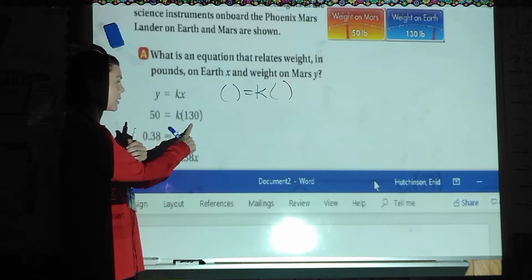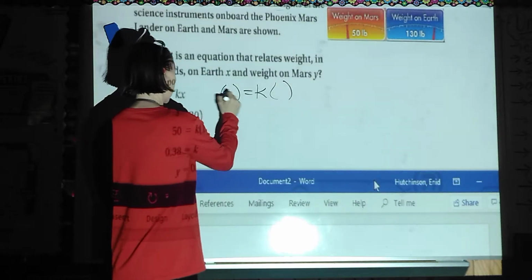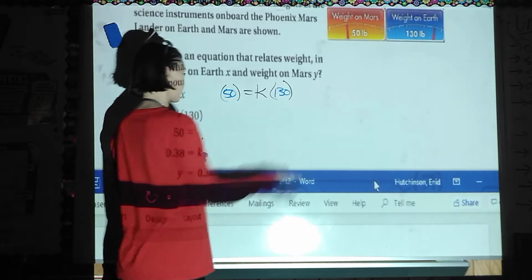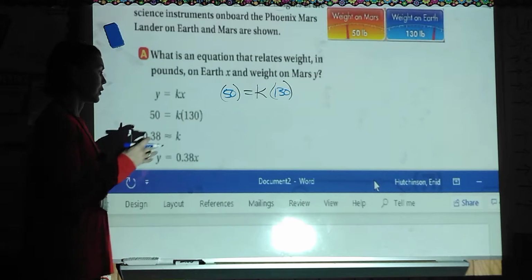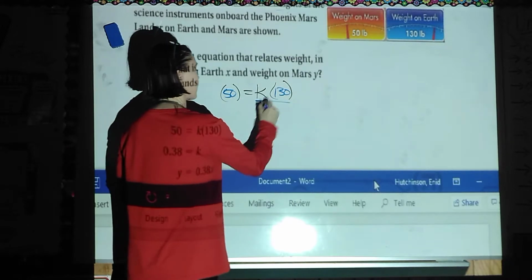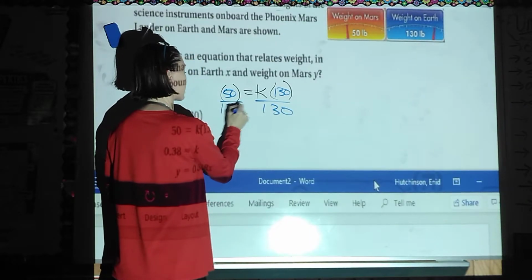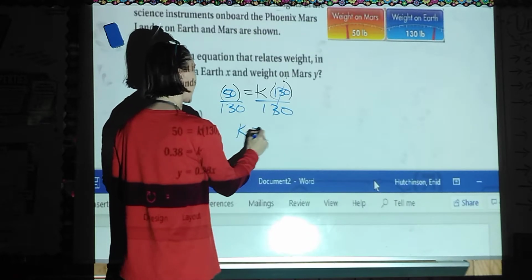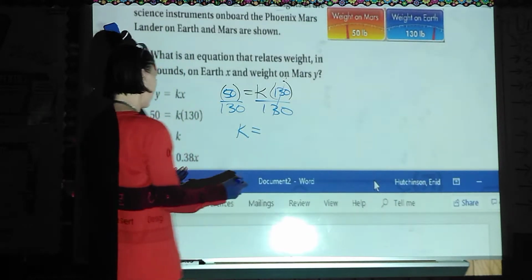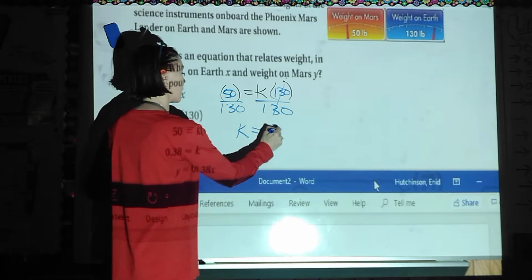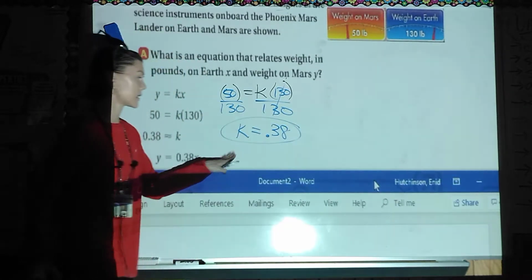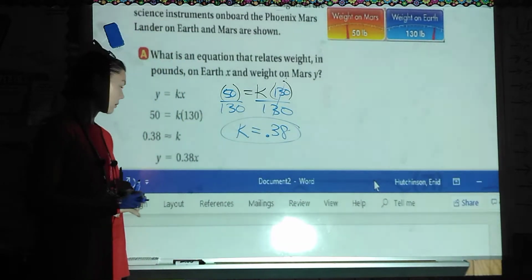I always rewrite it with the numbers and substitute in. Then if you divide by 130 on both sides, your k is equal to 0.38. Your constant is 0.38.